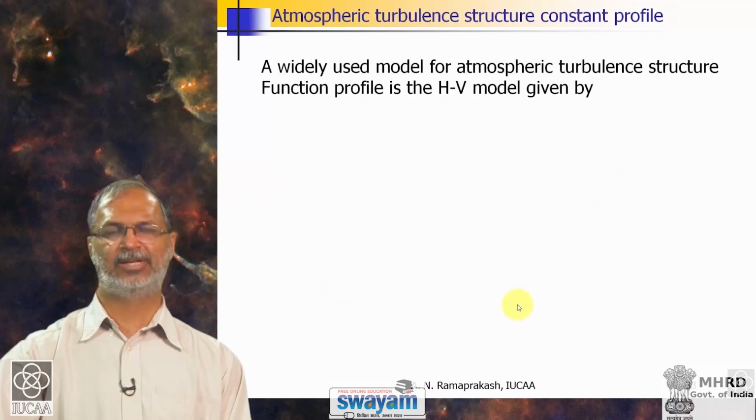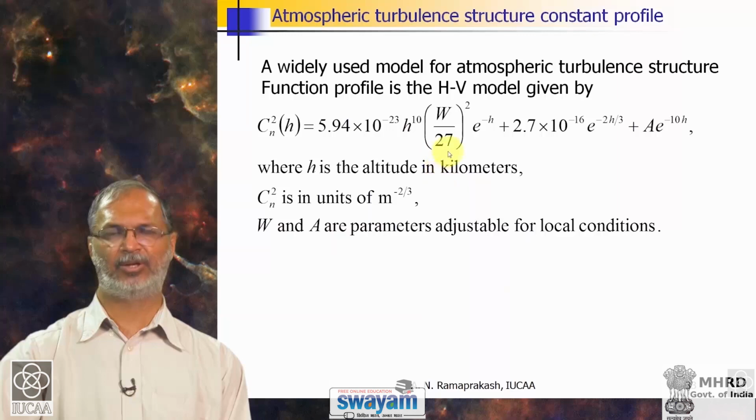So, experiments are done at sites where you want to set up astronomical observatories to determine the Cn squared profile as a function of height by various methods, and then models are fit to that profile.